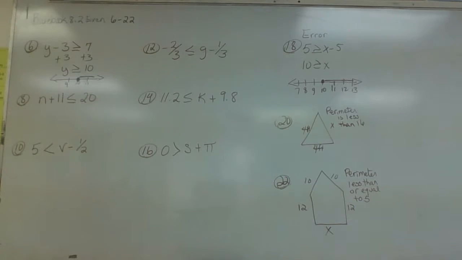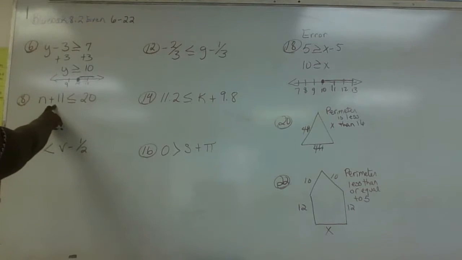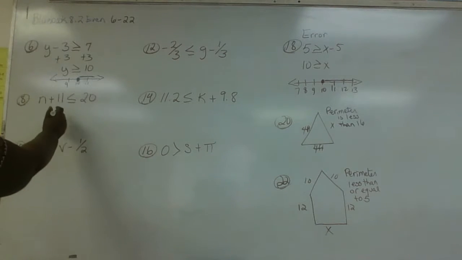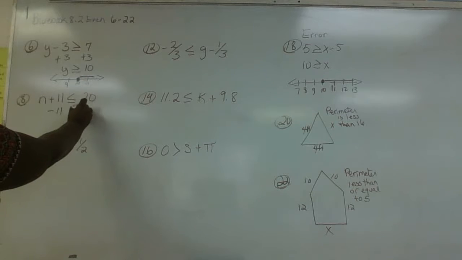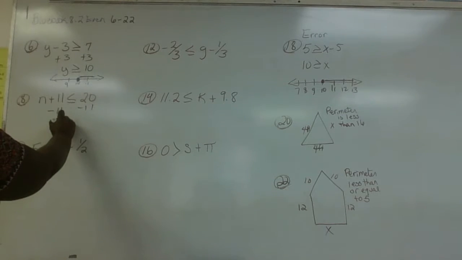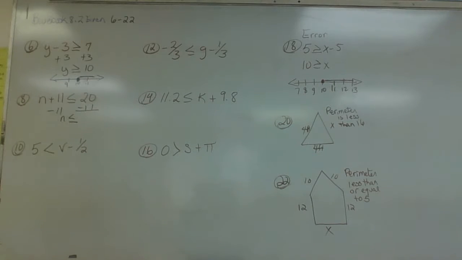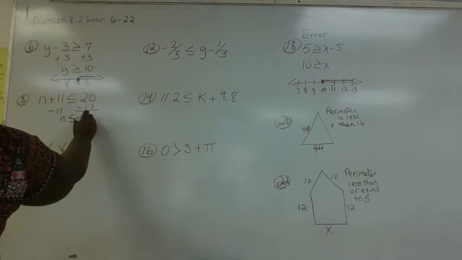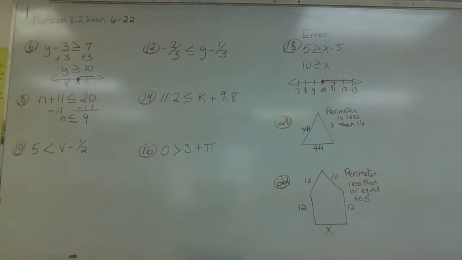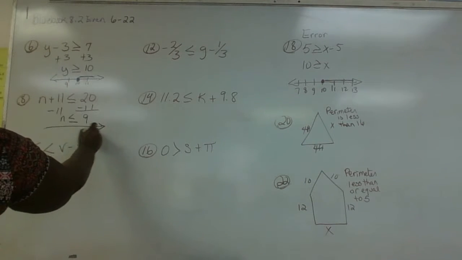Moving forward, n plus 11 is less than or equal to 20. Instead of adding 11 to n, we're going to take the inverse and subtract 11, and therefore n will be less than or equal to, when we subtract 11 from 20, 9. From there, we're going to graph.